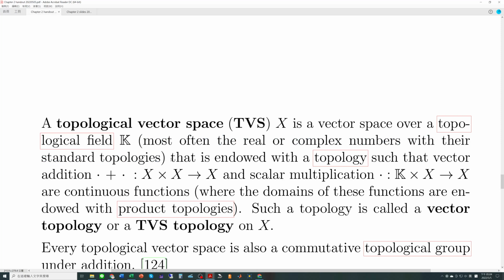That is endowed with a topology. We will introduce what a topology is later.